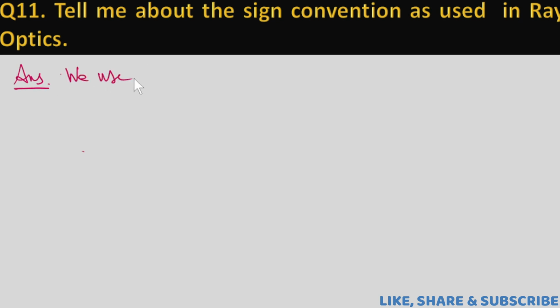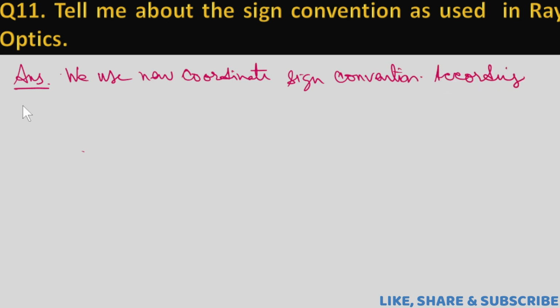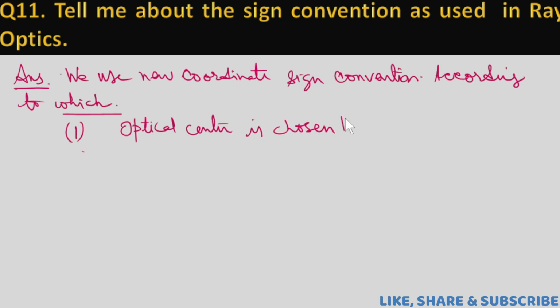We use the new Cartesian sign convention according to which, point number 1, the optical center is chosen as the point from where distances are measured.